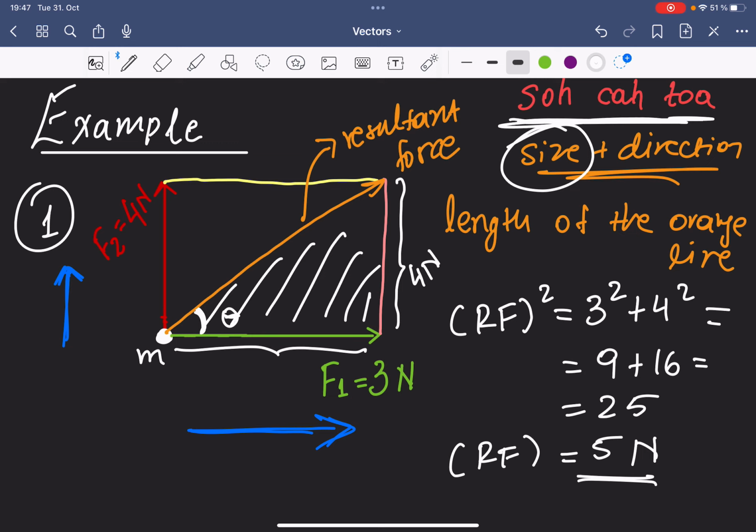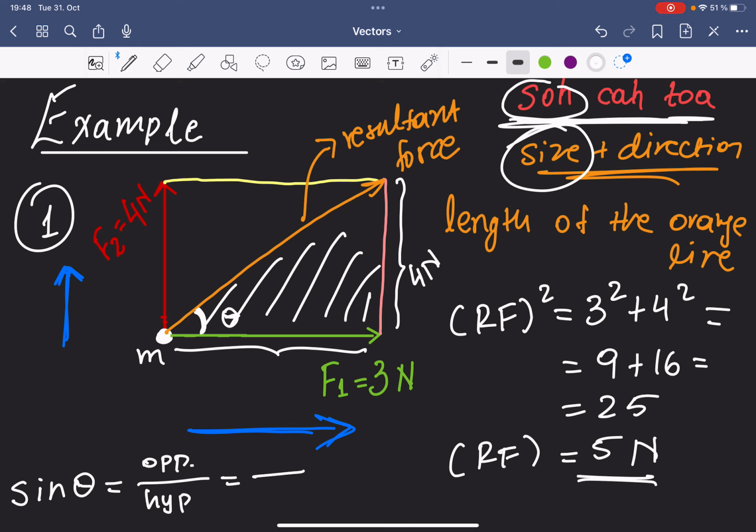So the trigonometric functions. This one basically tells you that the sine of the angle theta is going to be the length of the opposite side divided by the hypotenuse.